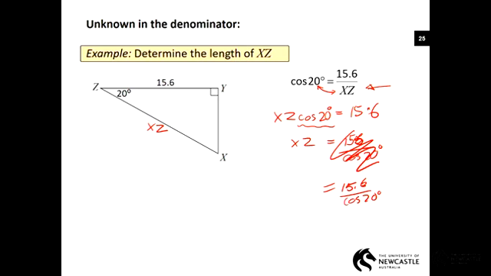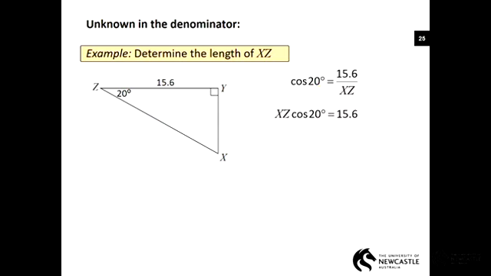The xz came up to the left and the cos 20 went down on the right. If you want to do that in one go, it's always going to work. So you can either do it in the 2 steps, as in the pretty version in the book, where xz comes across, then the cos 20 goes under. But if you notice that it's always going to be a swap of them, it's all good. Either way, when the unknown's in the denominator, I'm always sticking a fraction into the calculator.